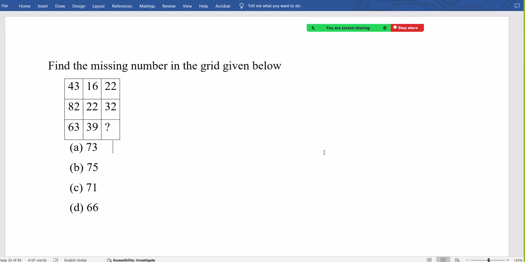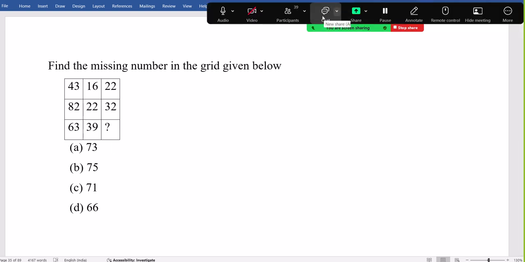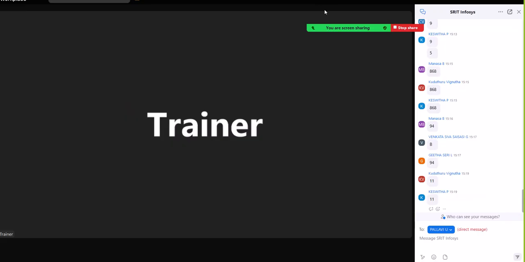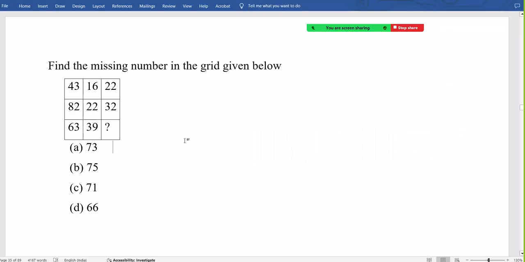Yeah, what is the logic? 43, 16, 22, 82, 22, 32. This is in row wise. If you can see vertically, horizontal wise also you can have a look and decide what's the possibility.